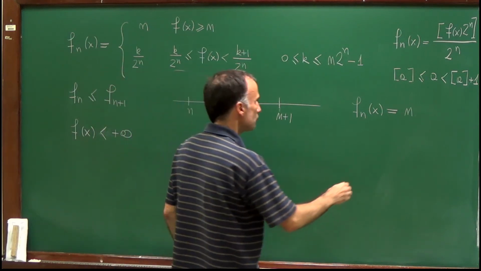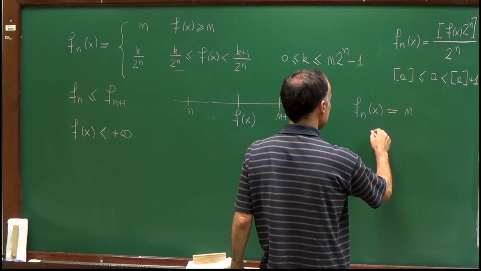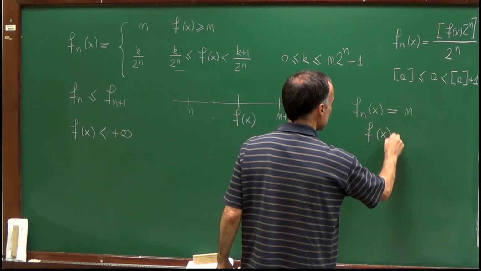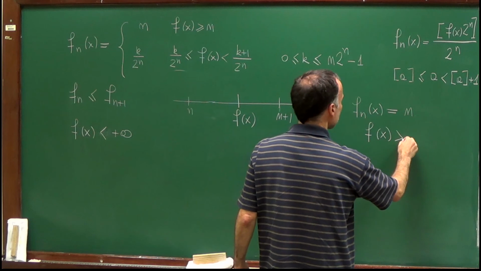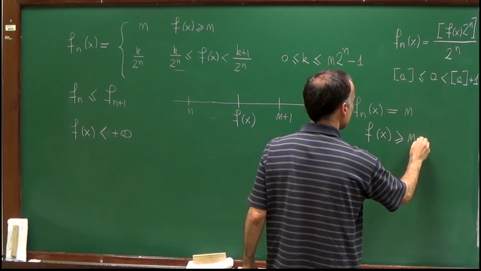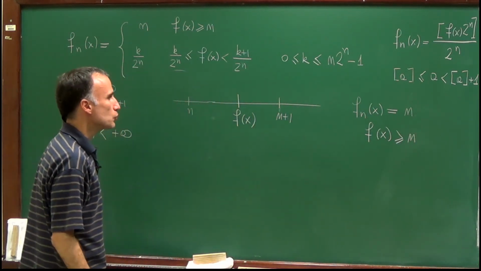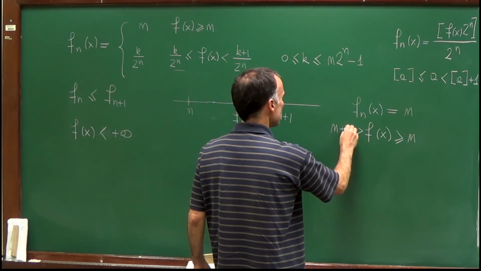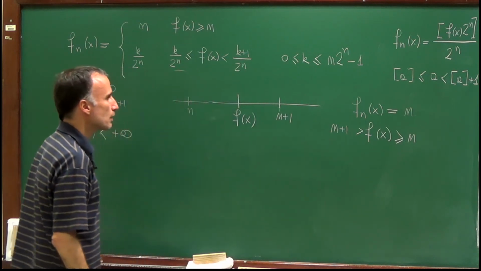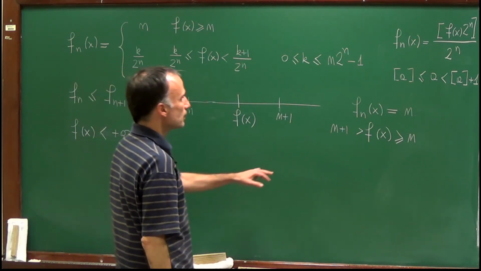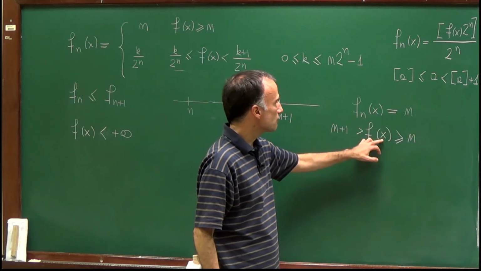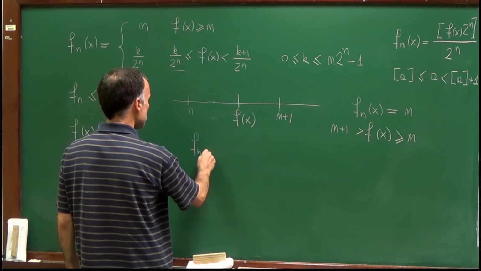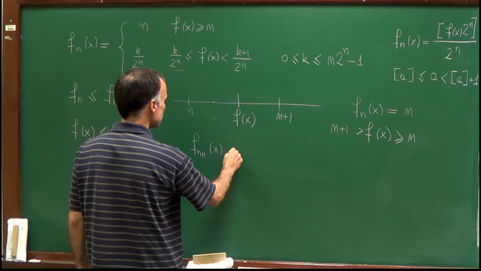And so I'm assuming here that f(x) is greater or equal to n, but smaller than n plus 1. So in this case, fn of x, we've seen, is equal to n. Now let's see what is fn plus 1 of x.